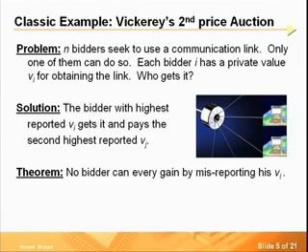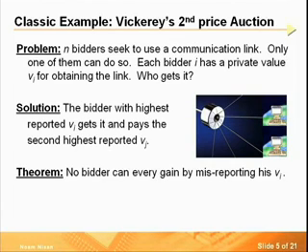Well, the really interesting thing is that you can very easily prove a formal mathematical theorem that no bidder can ever gain, whatever the other bidders' values are or whatever the other bidders report, by lying. You are always better off, or at least as well off, by telling the truth, by behaving according to the real value.